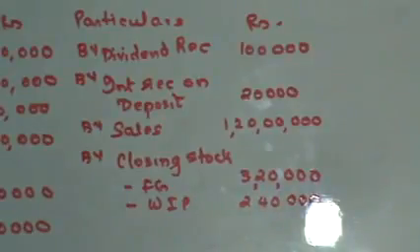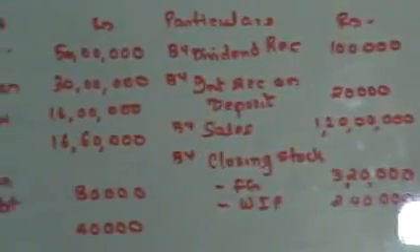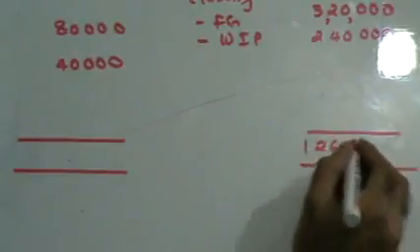Right? Now, when you solve this, you should get this as the credit side total will come to 1 crore 26,80,000.